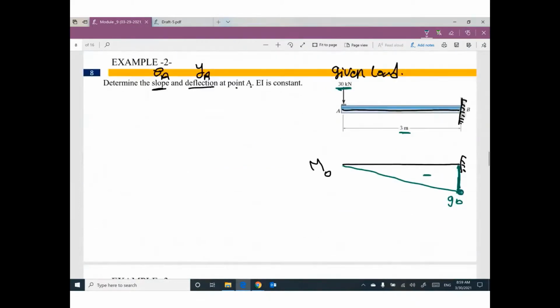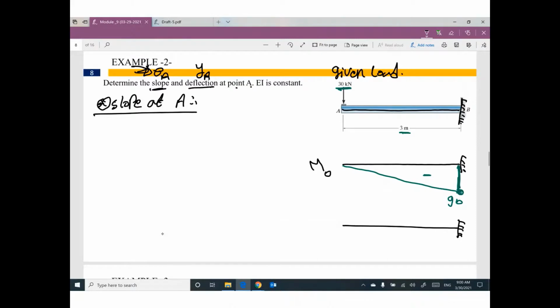Okay. Next step: remove all load. I will start with theta, so I will start with slope at A. I will remove everything.